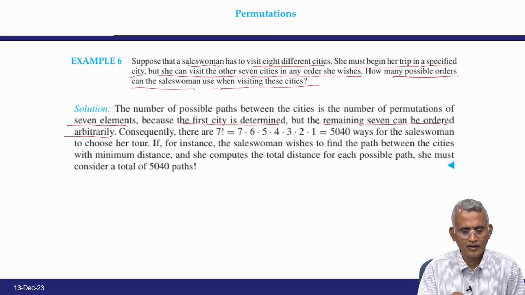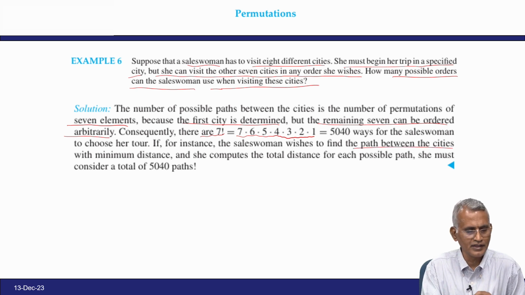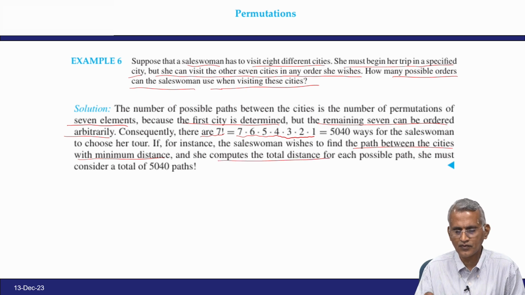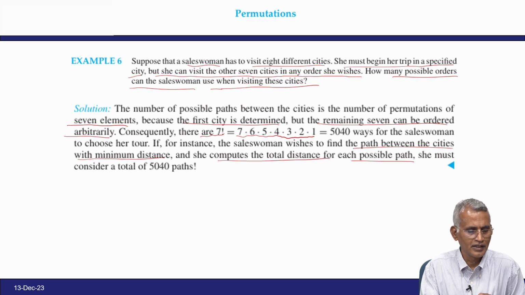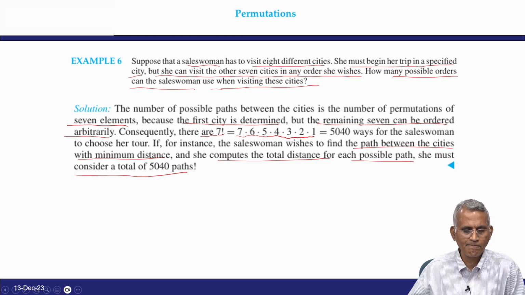Consequently, there are 7 factorial, which is 7 into 6 into 5 into 4 into 3 into 2, and multiplying them, the result is 5040 ways for the saleswoman to choose her tour. If, for instance, the saleswoman wishes to find the path between the cities with the minimum distance, and she computes the total distance for each possible path, she must consider a total of 5040 paths. So, this is the answer to the question.